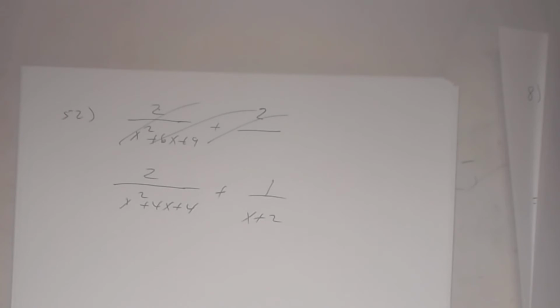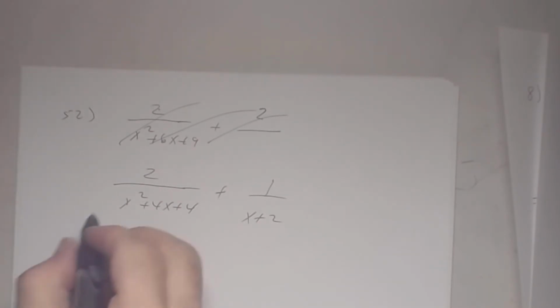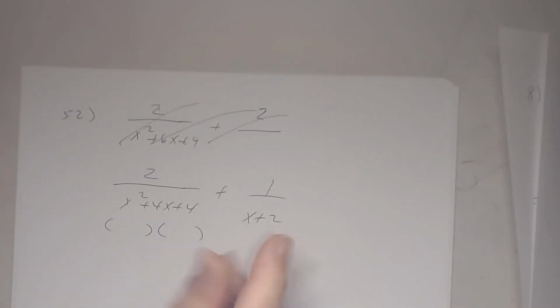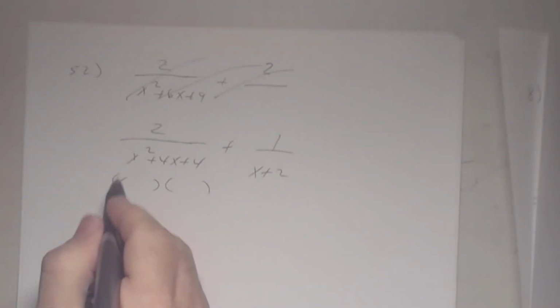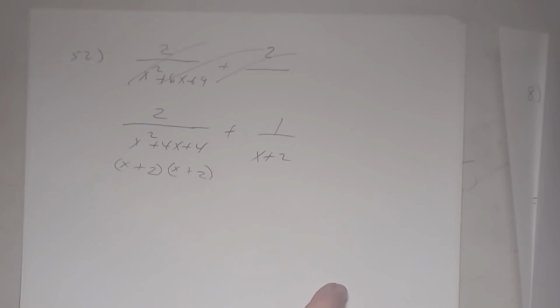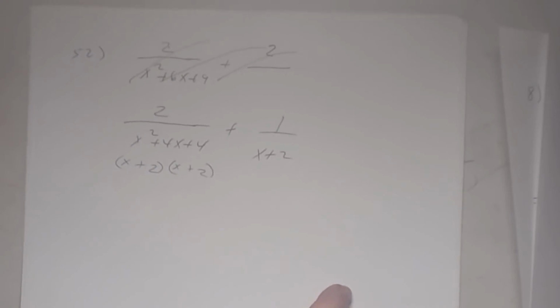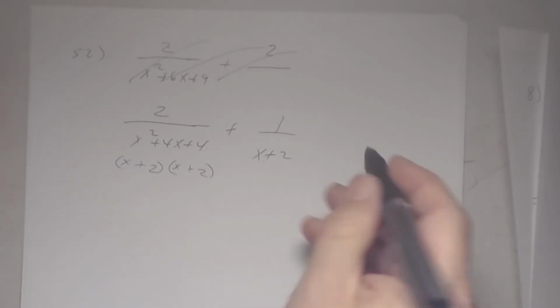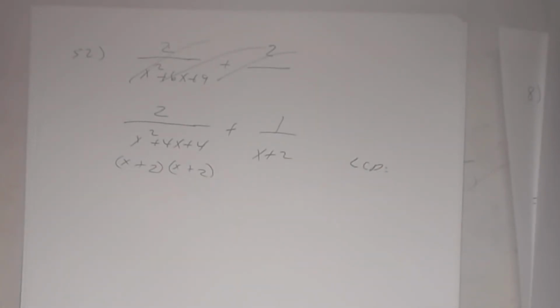Factor. All right, so how do you factor that first denominator? Two binomials. What do you think? x and x, and 2 and 2. All right, so x plus 2 times x plus 2. What's the LCD? x plus 2 squared, or you can just say x plus 2 times x plus 2.